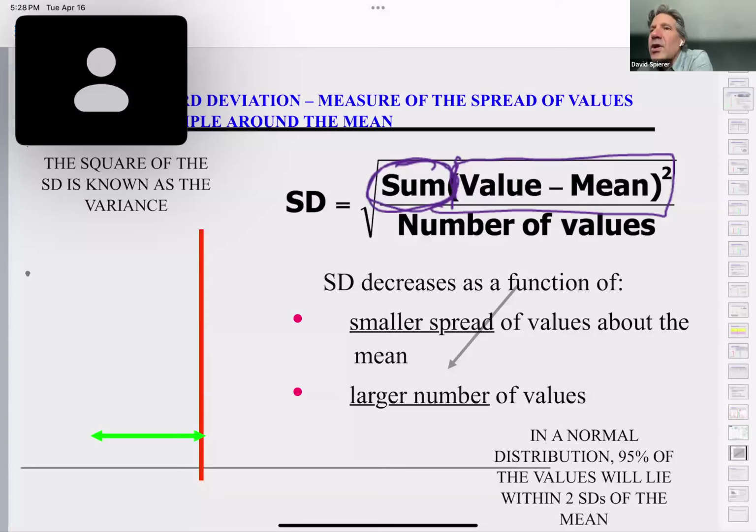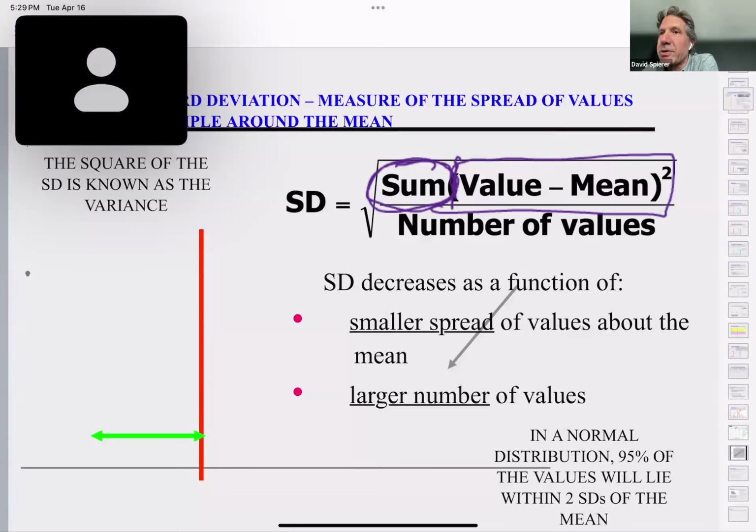So when we talk about the spread of values around the mean, we are focused on what's known as the standard deviation. Here is the equation of the standard deviation. It is the sum of the values, meaning you're taking subject 1, subject 2, subject 3, each value, and you're subtracting from that the average, and then you're squaring that number.